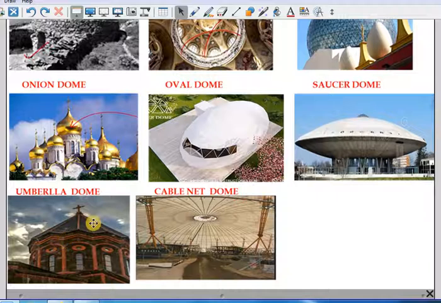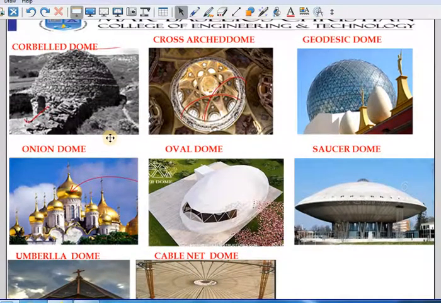The umbrella type dome is found in old churches, especially in Europe. Cable and net domes are made of steel or cables. So you are supposed to have a basic idea of the different types of domes.